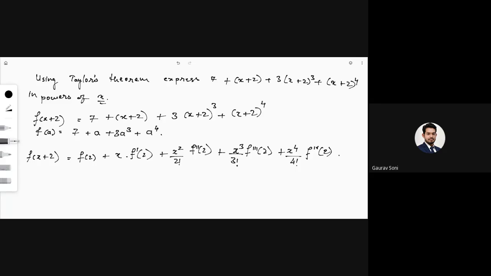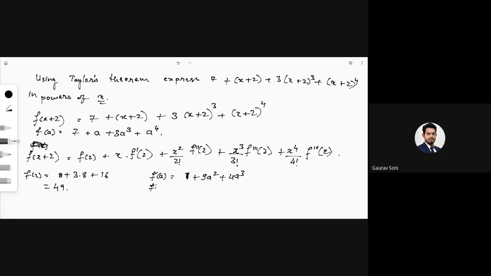What is f of 2? f of 2 is equal to 7 plus 2, 9, plus 3 into 2 cube, 8, plus 16, 25 plus 24 is 49. What is f dash of a? f dash of a is 1 plus 9a square plus 4a cube.